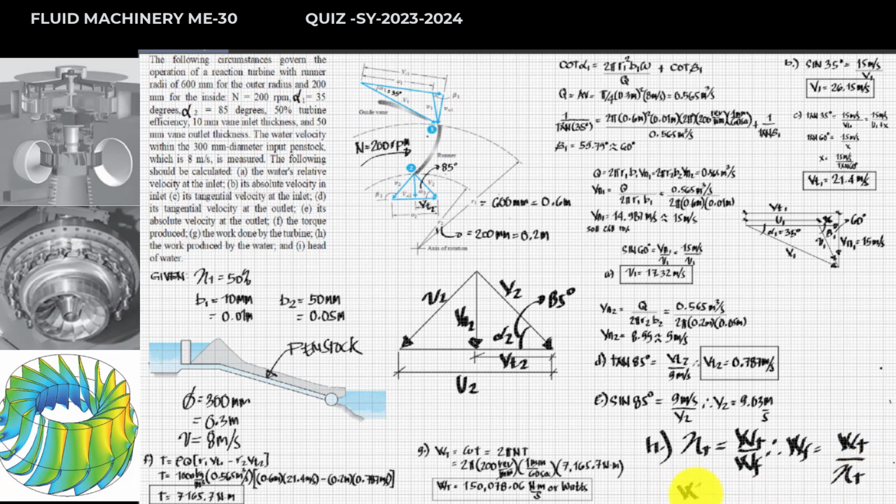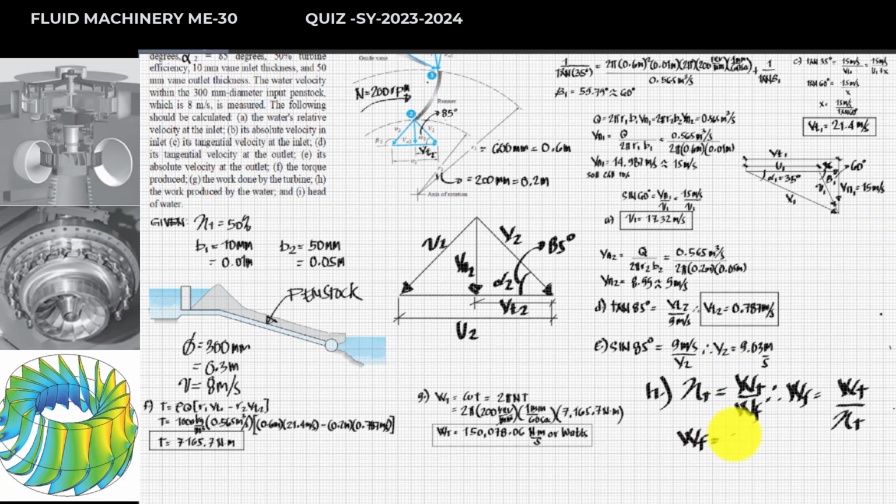Substituting the value of the work of the turbine, that is 150,000.78 watts, so we add the units of watts right away. And this is all divided by the turbine efficiency, which is 50%, so that will be 0.5.